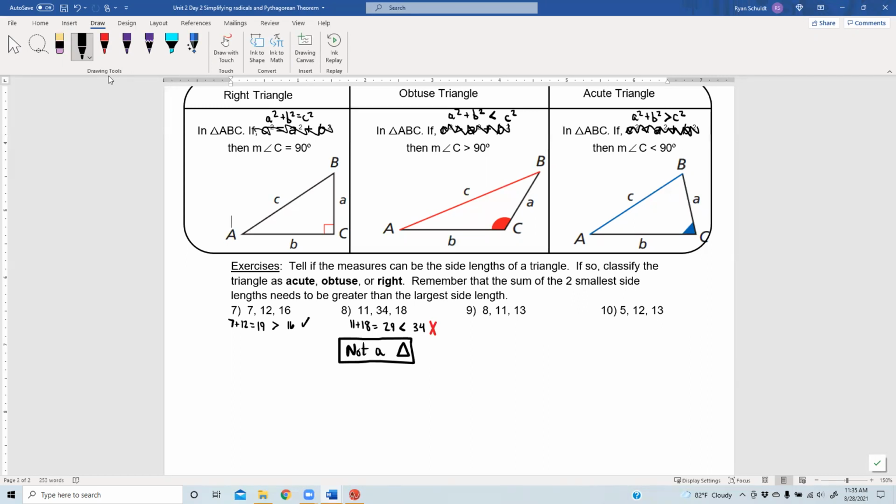Number 9. 8 plus 11. That gives us 19. Is 19 greater than 13? Yes, we're good.